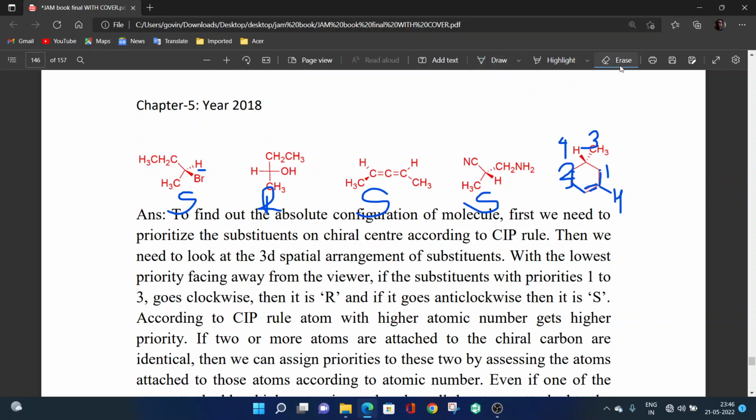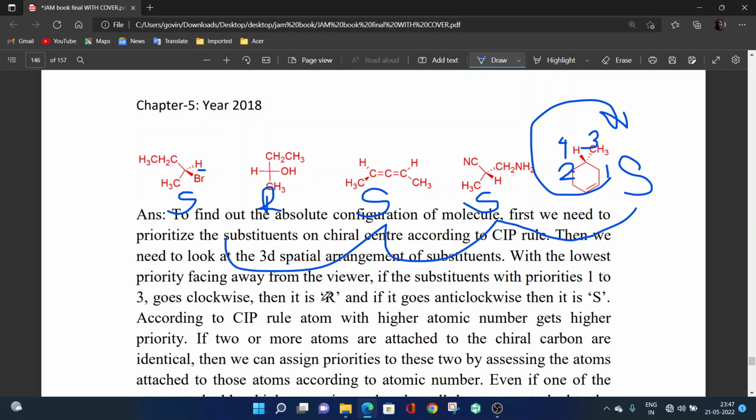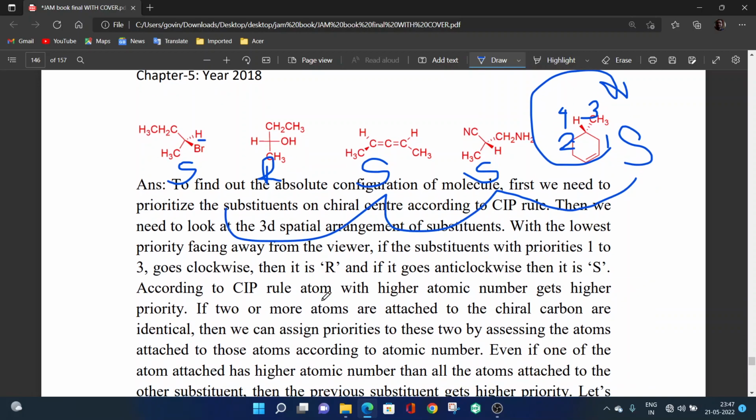So what do we do here? We are writing 1, 2 and 3. It is going clockwise, so it looks like R, but it will be S. So the answer is 1, 2, 3 and 4. Whatever I said, I must have written here.